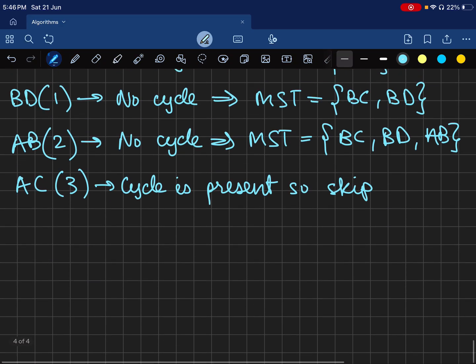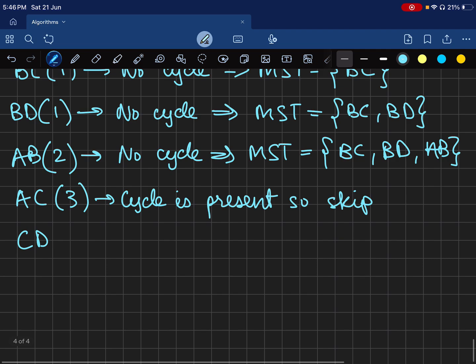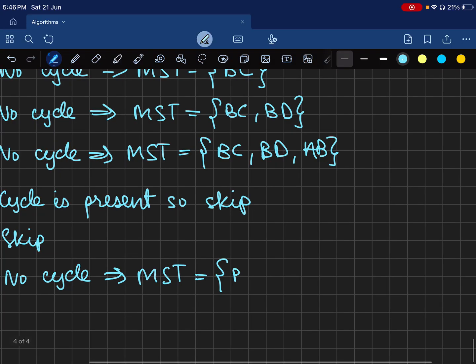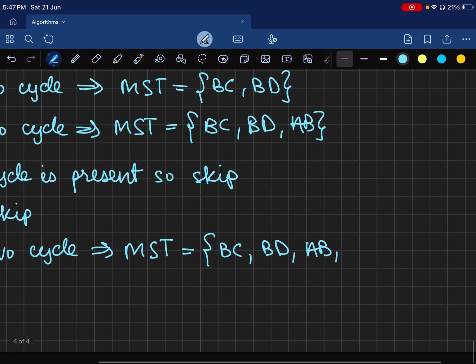Then we take CD. Again, BCD will form a cycle, so we'll skip this again. And then CE we'll pick. Here there's no cycle formed, so we add it into the MST. So our MST is BC, BD, AB, and then CE.